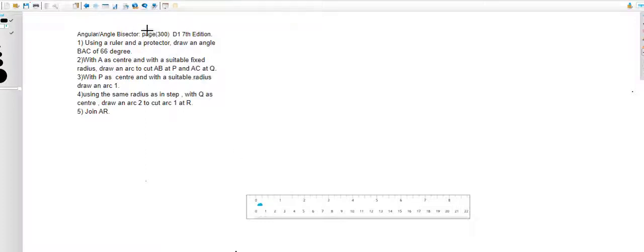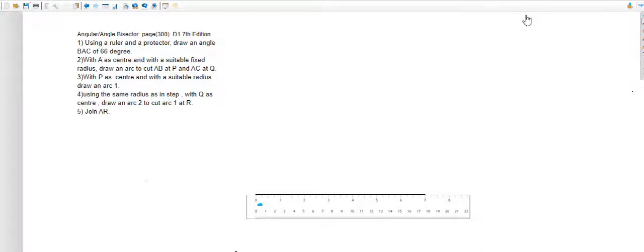Since there is no dimension given to us in the question regarding the size of the line AB, we are just drawing a random line AB. Since there are no particular measurements given, here it goes, till 7. Fine. And after that, we have to use a protractor to draw 66 degrees.